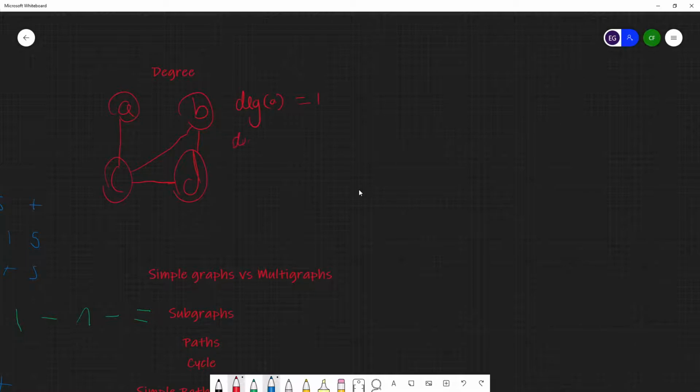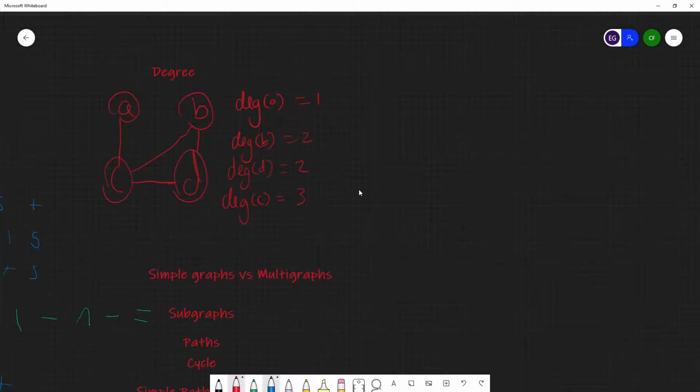Deg of B has 2. Similarly, deg of D also has 2. And then lastly, deg of C has 3. I hope this is fairly trivial. You can see the number of edges coming off each node.